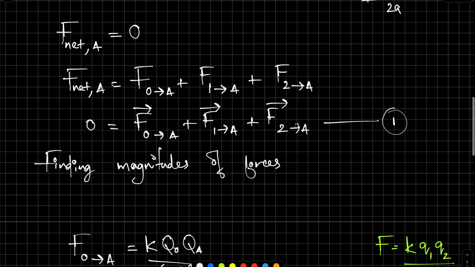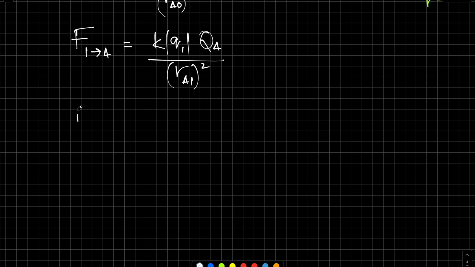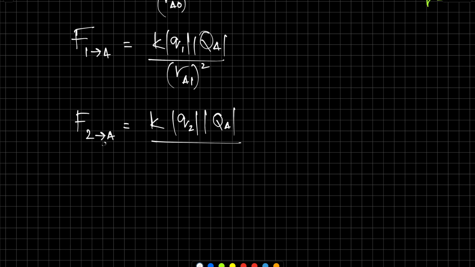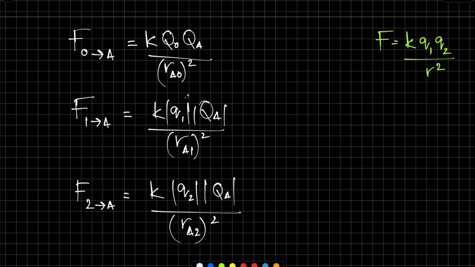Now the third one, F2 to A, force by charge 2 on charge A: K, first charge is Q2, again absolute values, QA over the distance between charge 2 and charge A, the whole square. I'm not substituting the values now. We'll do it later.